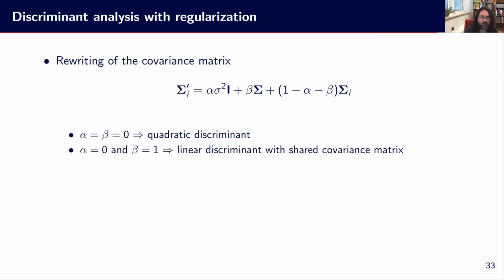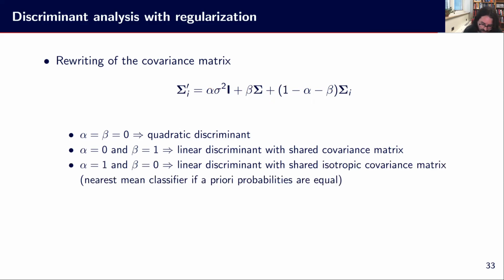This is the case where we get the most flexibility. There is no regularization here. If we go with alpha equal to 0, so we don't care about that, but beta equal to 1, that means that this thing is also equal to 0, and we just use the shared covariance matrix. So this boils down to a linear discriminant version of that.